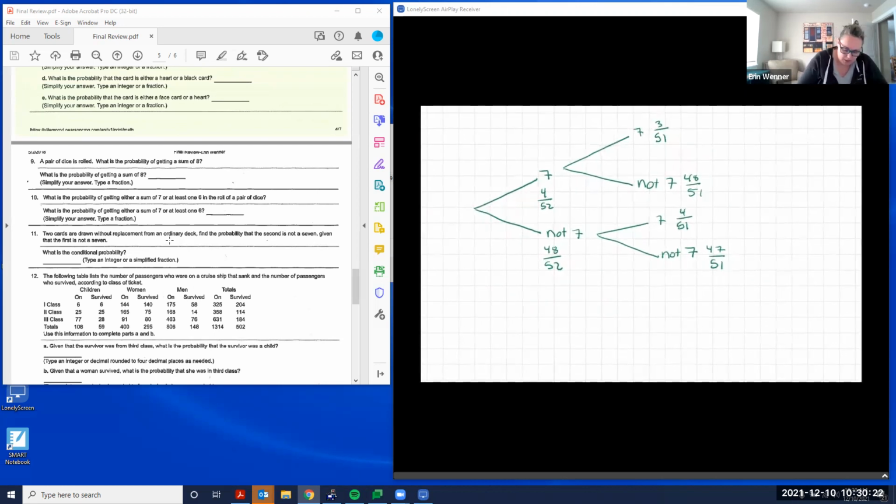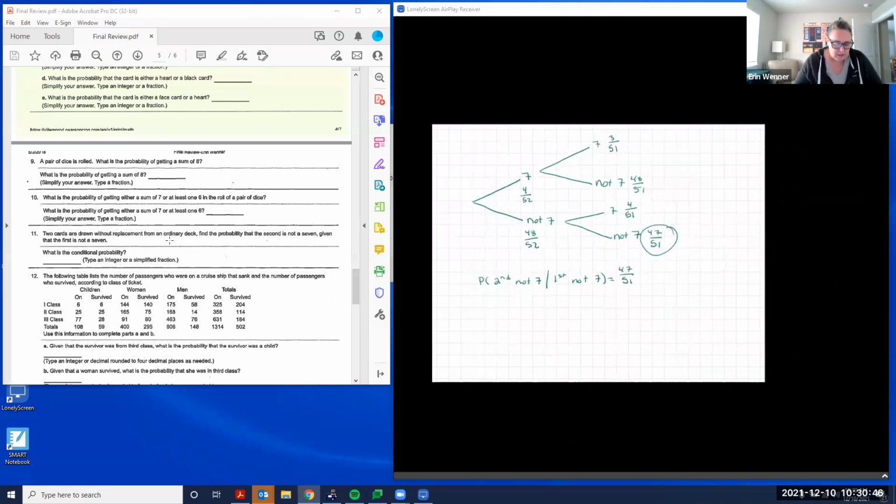So the probability of second not 7, given (remember that vertical line means given) first not 7, is this outcome right here. It's the 47 out of 51.